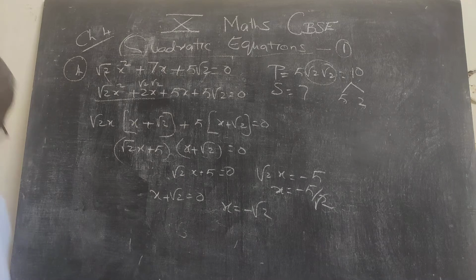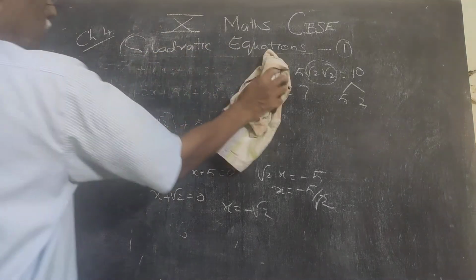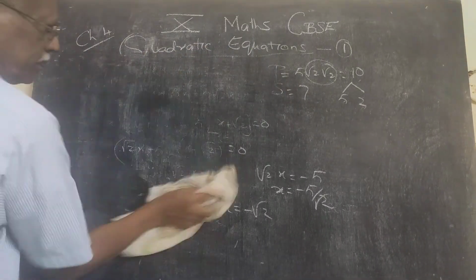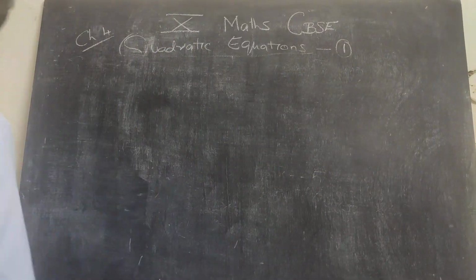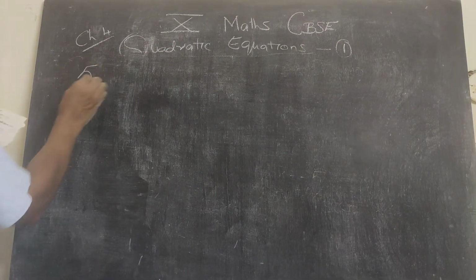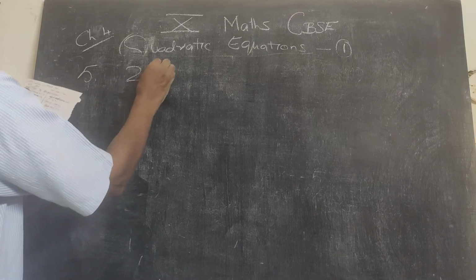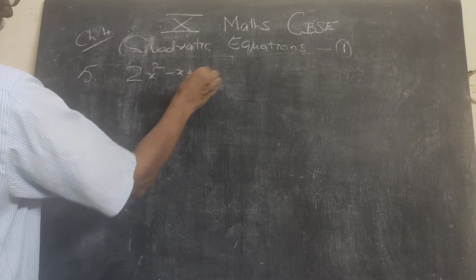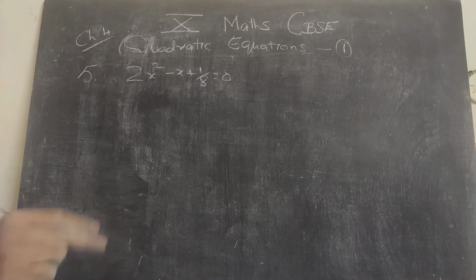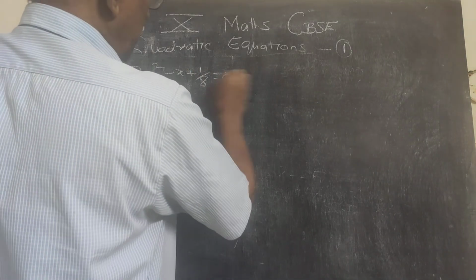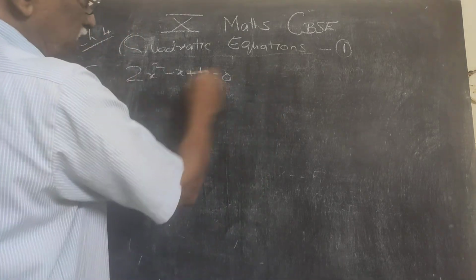Now I go for the fifth problem. 2x² minus x plus 1 by 8 equal to 0. Take the LCM, so 8 is the LCM, or you multiply with 8.